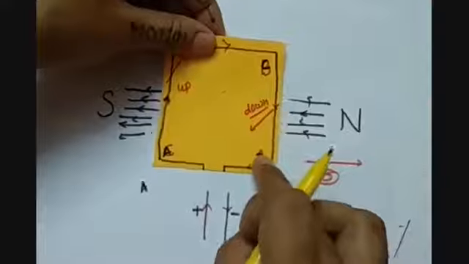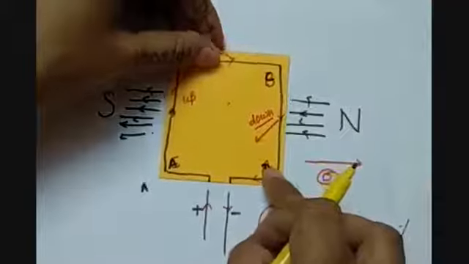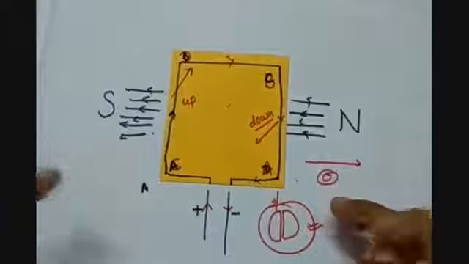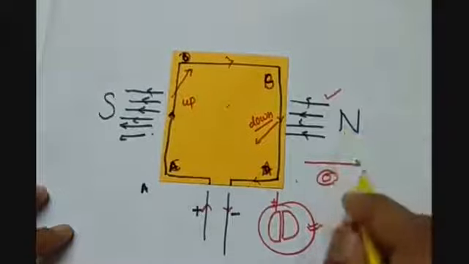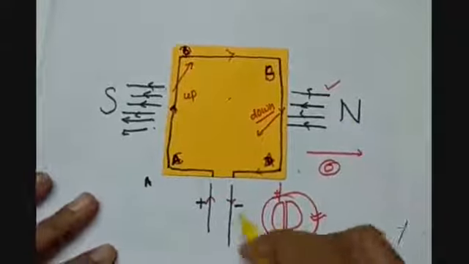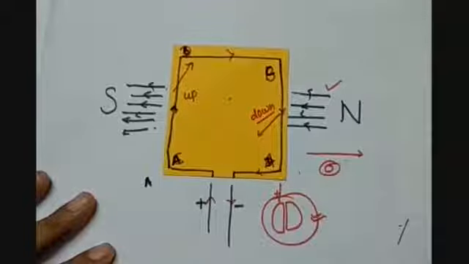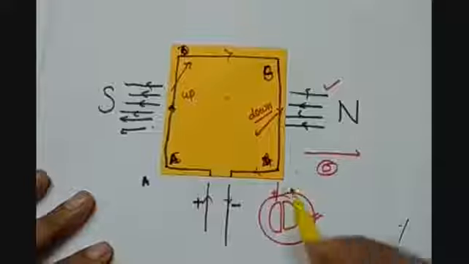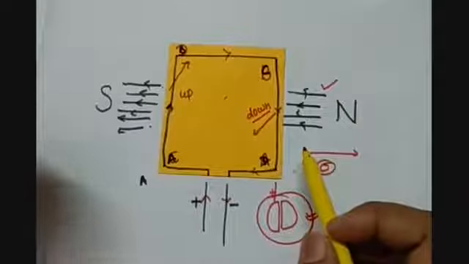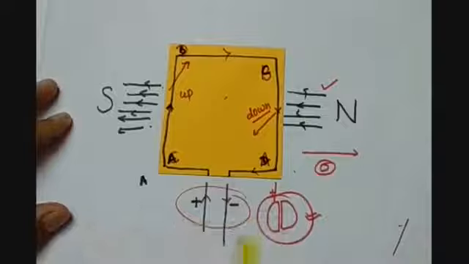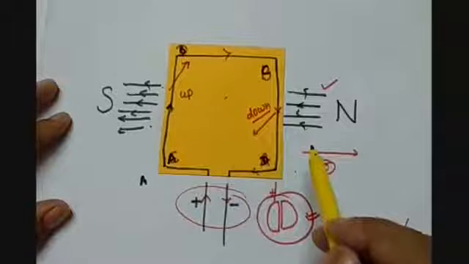So it will again move in a rotatory motion. So this is how the armature coil moves under the effect of the magnetic field of the magnets when the current is flowing through it. So this is how the rotatory motion takes place in the armature coil, and this is how we are converting electrical energy into mechanical energy.